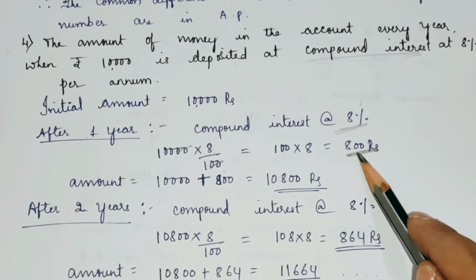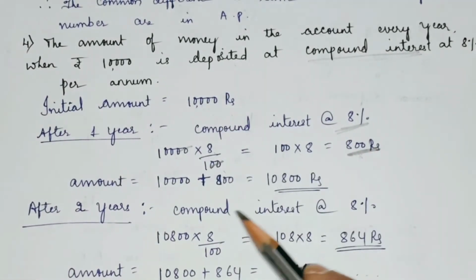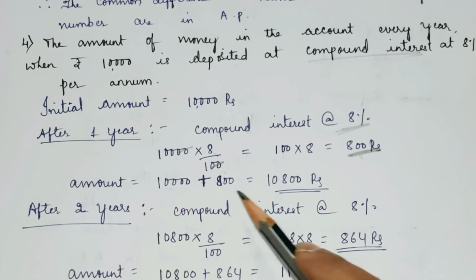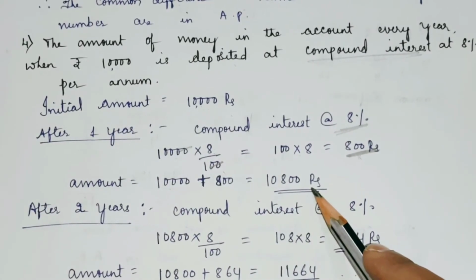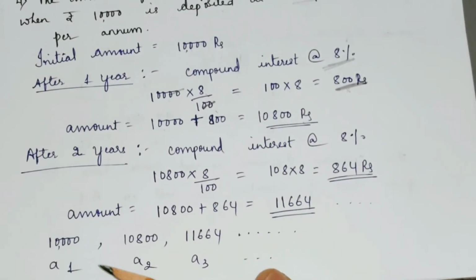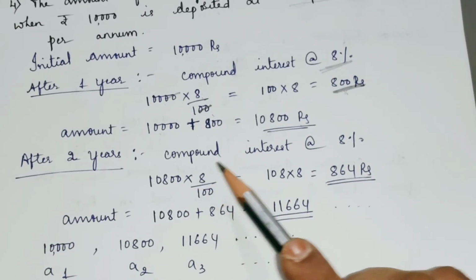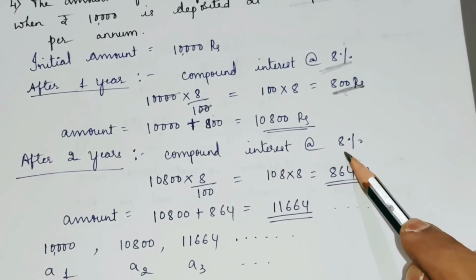Then you have to add this interest to the principal amount. 10,000 plus 800 is 10,800. This is after the first year. Next, after the second year, what happens? Again, you have to find the compound interest at 8%.